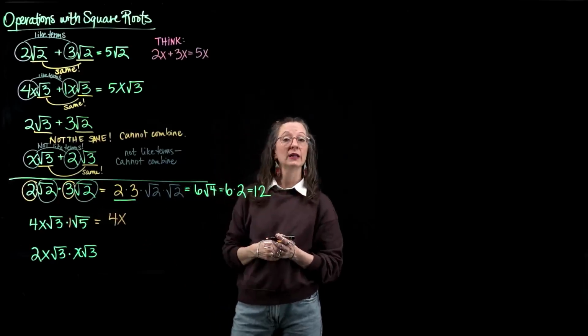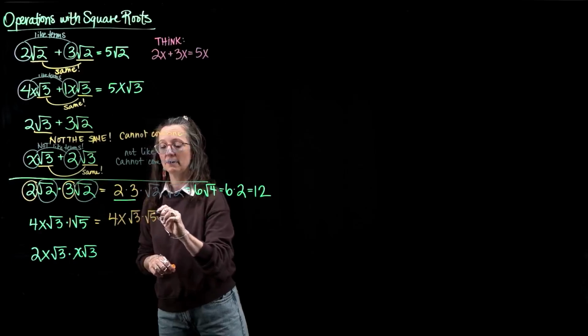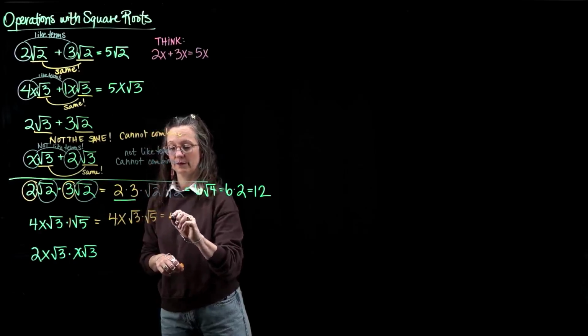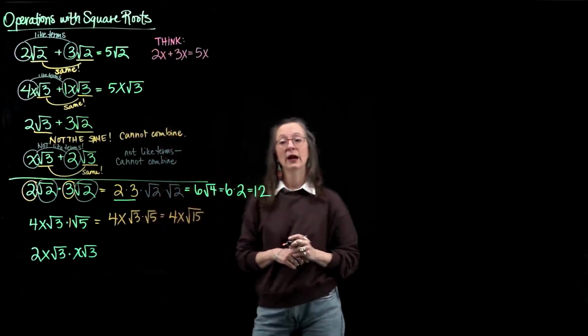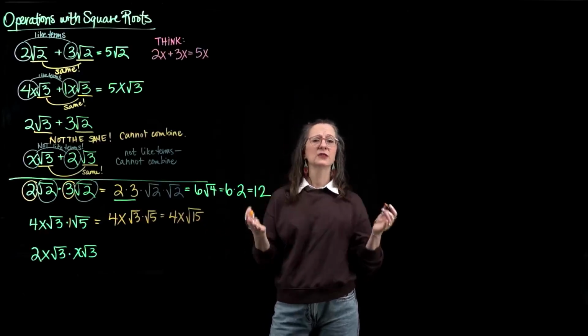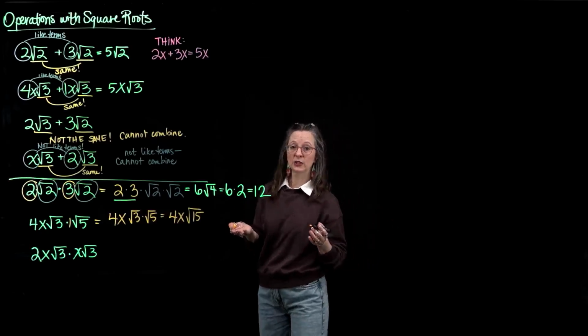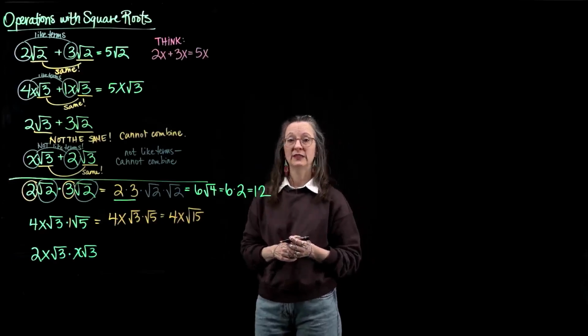Then square root of 3 times square root of 5. I could write in that additional step. For x square root of 15. I would want to think to myself, does 15 have any perfect square factors? It doesn't. So we're just going to leave it as 4x square root of 15.